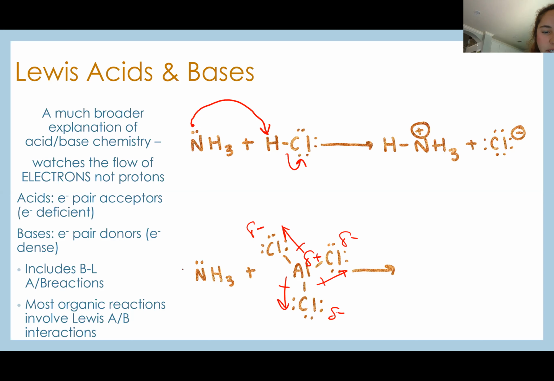And then we have this lone pair on the nitrogen. So you could see why this lone pair on the nitrogen might be interested in attacking the aluminum, right? We have something that's partially negative and something that's partially positive.